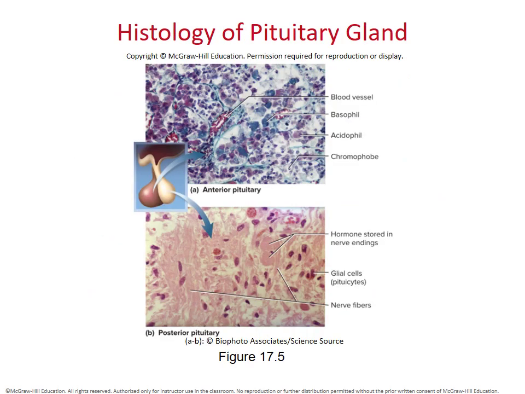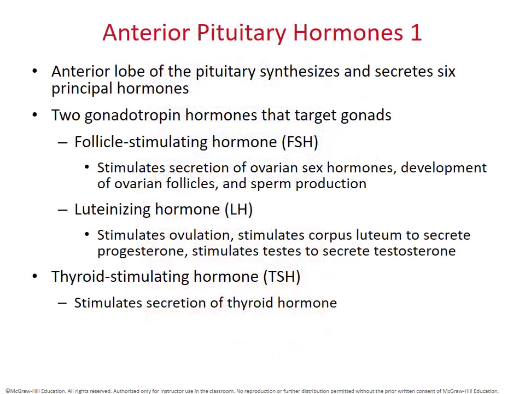And again, here's another picture of the pituitary gland, again highlighting the distinction between glandular tissue in the anterior pituitary and neural tissue in the posterior pituitary. All right, so let's look at these hormones associated with the pituitary gland, specifically the anterior pituitary. It releases several different hormones, which you see listed on our list of terms.